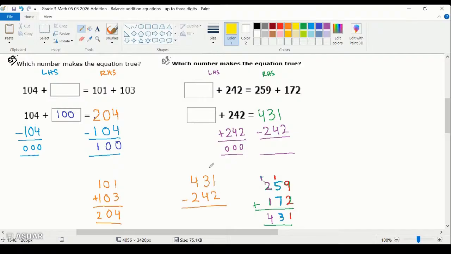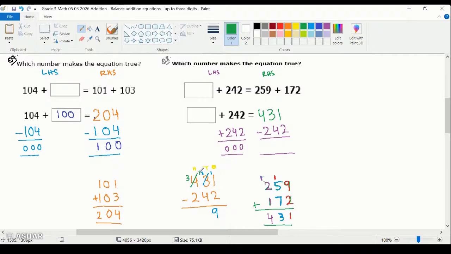We had ones, tens, and hundreds. We had 1 minus 2 ones. That is not possible. So what we do is we carry 1. 3 becomes 2. This becomes 11. 11 minus 2 was 9. 2 minus 4 is not possible. We carry 1 from hundreds.